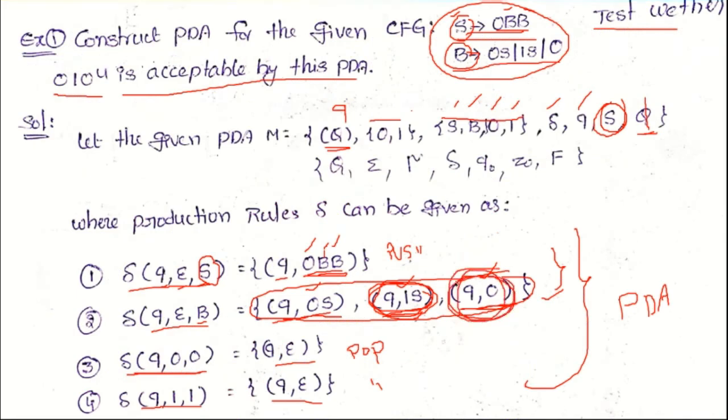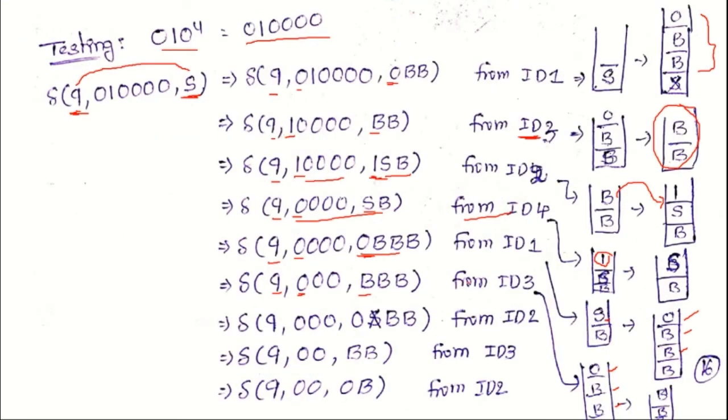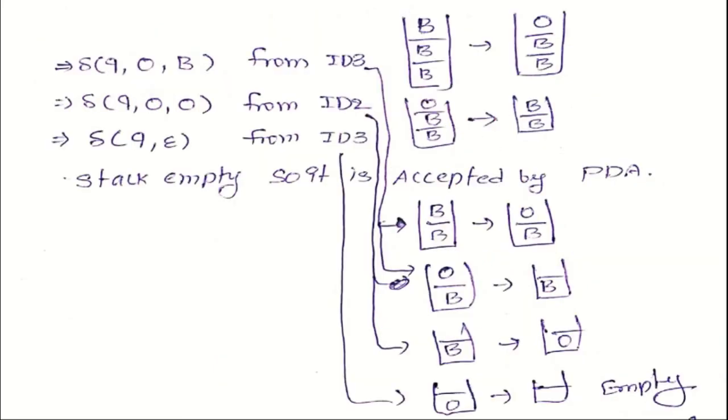In the place of B we can push 0 into the stack. Next, the current state is Q, the input symbol is 0, and the top of the stack is 0. As per ID3 we can perform the pop operation, so this 0 is popped from the stack.